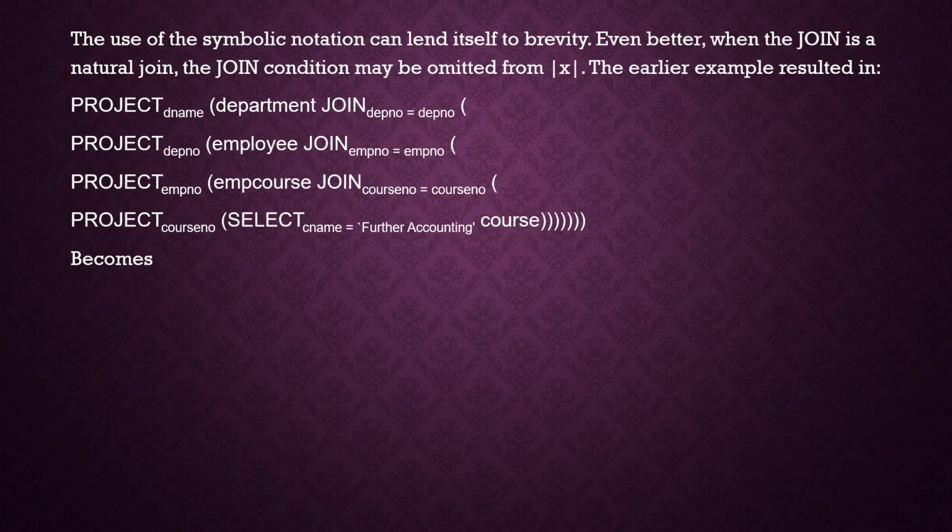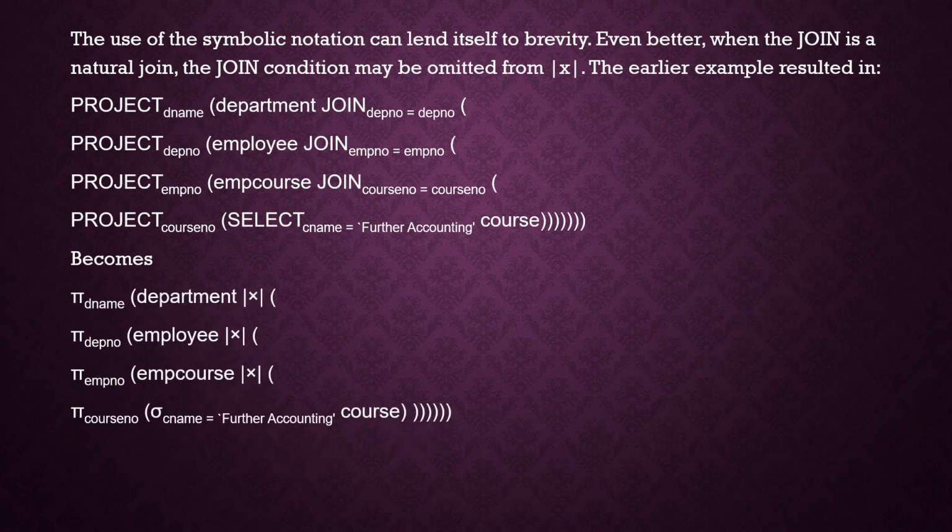That is for querying, and here it becomes like this. Instead of project you are using pi, and join can be represented by the join symbol, which should be embedded within the two pipeline symbols.